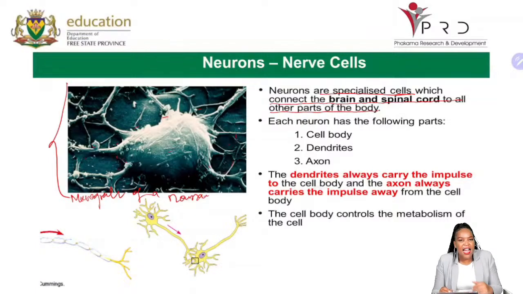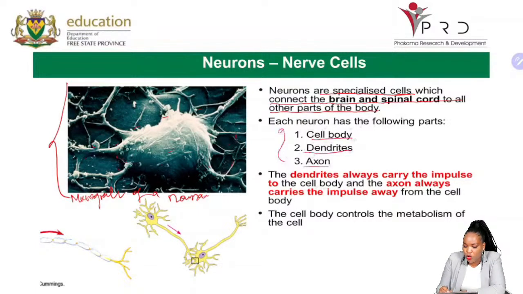Right. And then we find different types, but the basic structure of a neuron is like this. So each neuron is structured in this way. A neuron has a cell body, it has dendrites, it has an axon. So you need to be able to locate this part in each and every neuron you come across.